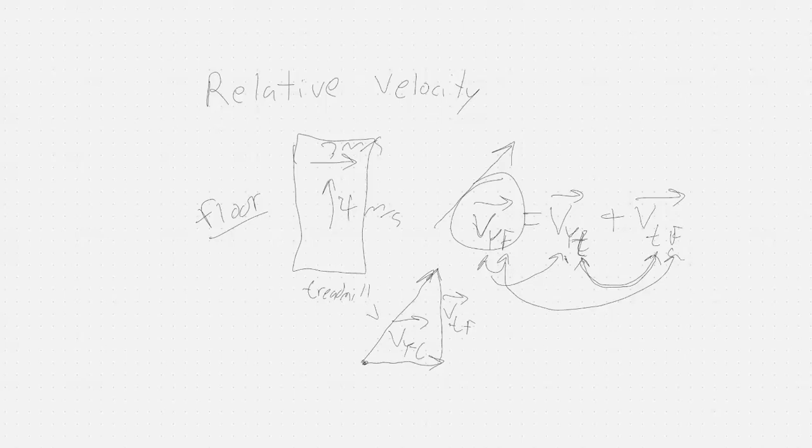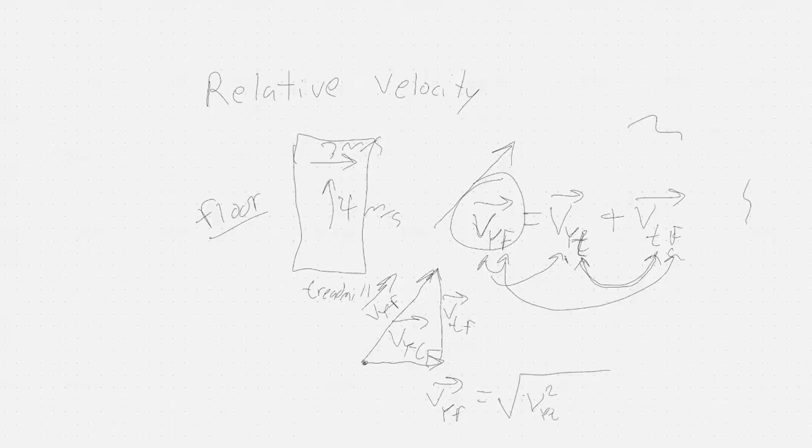And in that case, your velocity will be part of a right triangle just based on the directions of the vectors, which means that our velocity will be equal to the velocity of u versus the treadmill squared plus velocity of the treadmill versus the floor squared.